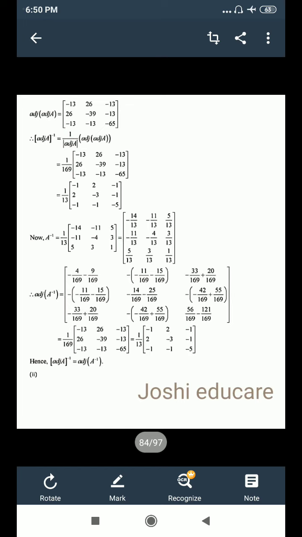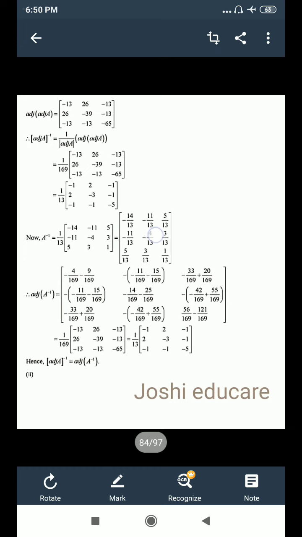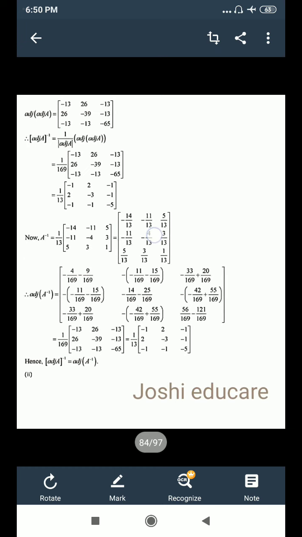Secondly, A inverse we will calculate. A inverse will be the adjoint of A divided by determinant of A. So you got A inverse. Then you have to calculate adjoint of A inverse. So you consider this as one matrix, find its adjoint. How will you find its adjoint?